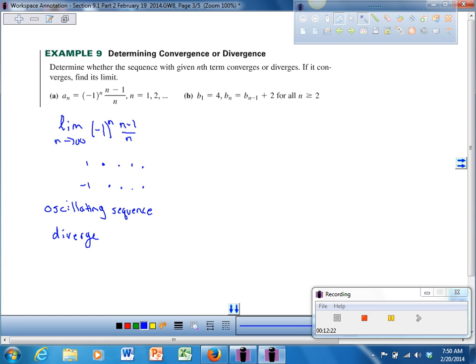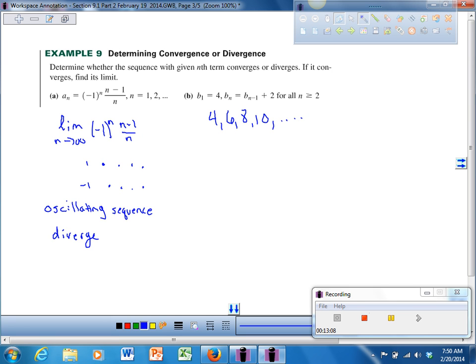All right, in part B, they've given us a recursive definition. And when I am given a recursive definition, the first thing I want to do is write out my sequence. It's good practice to always do this with sequences and series. Actually write out what the sequence looks like. So we have 4 as our first term. What's my next one? Then 10, and so on.